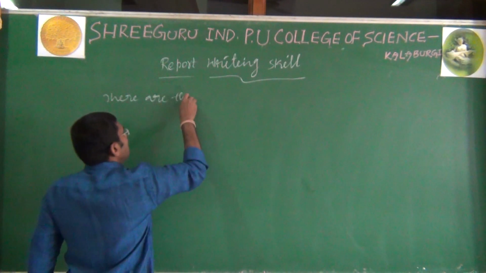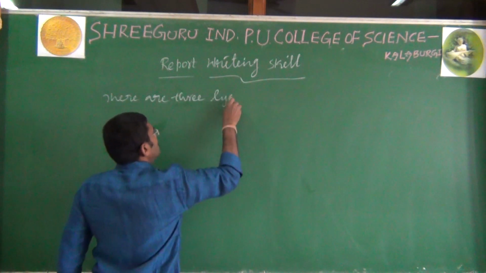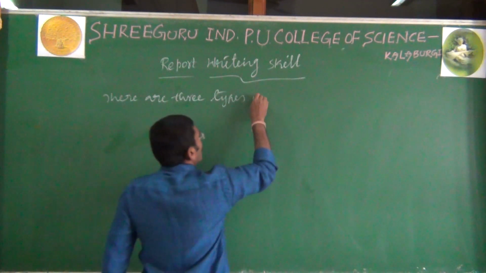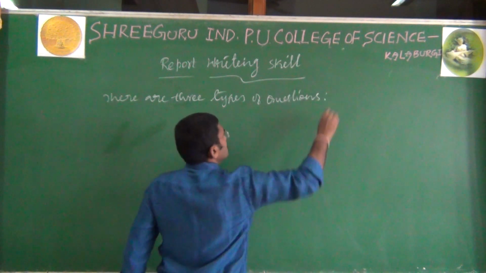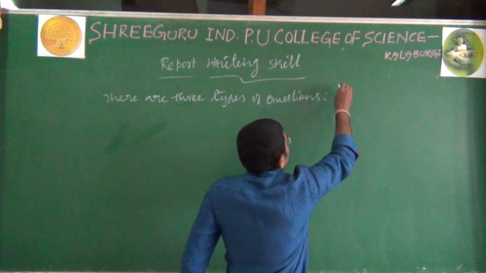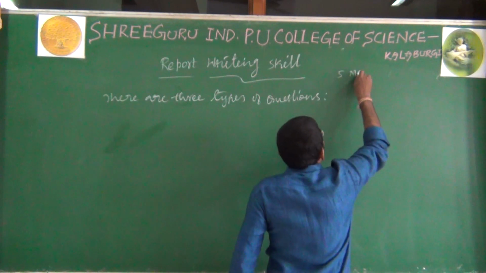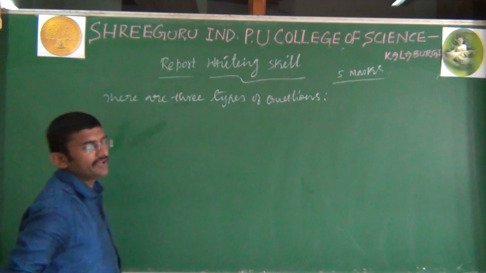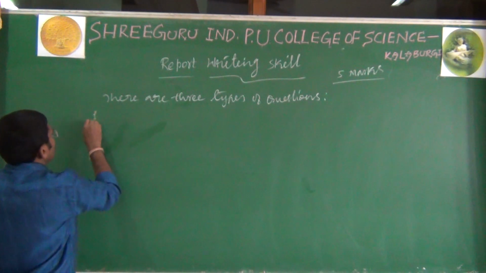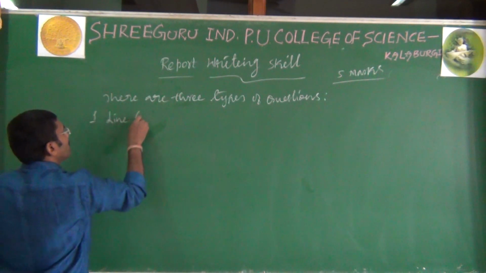There are 3 types of questions, which are of 5 marks. Number 1 is line graph.